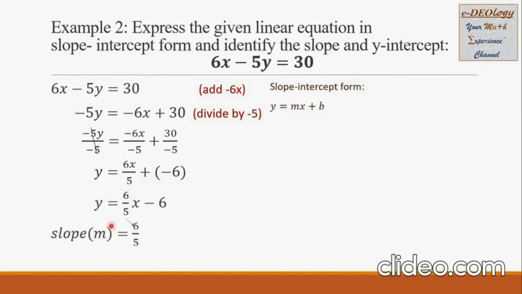For the slope, we will copy the coefficient of x, the 6 over 5. This is now the slope. And for the y-intercept, we will have this negative 6. We will put it as the y-coordinate, and the x-coordinate is always 0. This is our final answer.